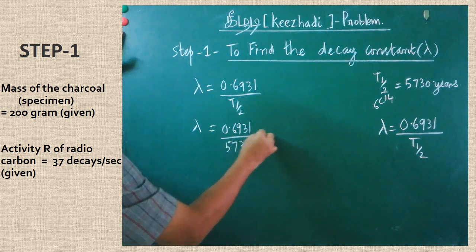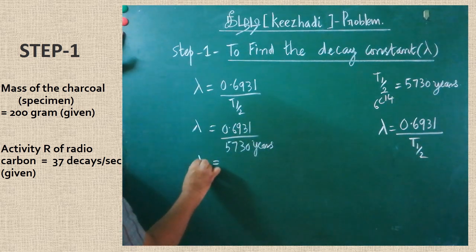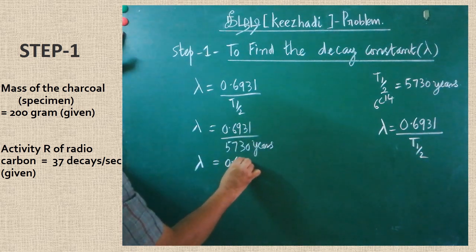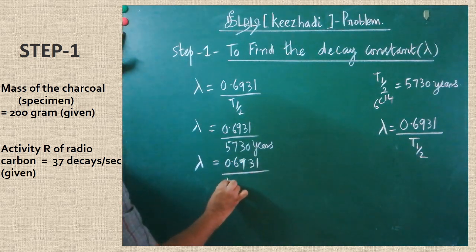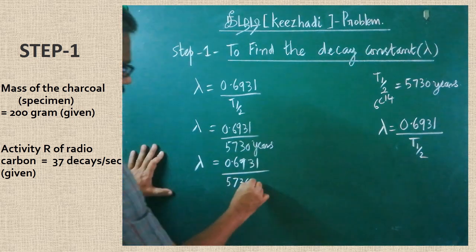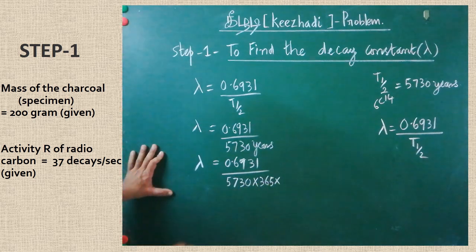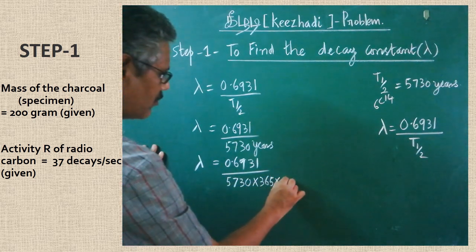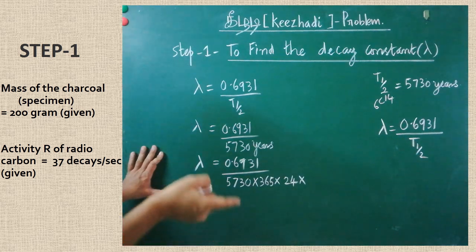Later, the value of the years must be converted into seconds. So how will you convert 5730? 1 year is equal to 365 days. Are you clear? 1 day is equal to 24 hours. 24 hours is equal to how many seconds?